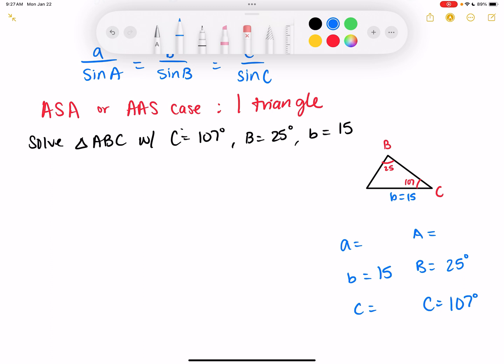So right away, what other piece of information can I find? Angle A. And how would I do that? By subtracting 107 and 25 from 180.